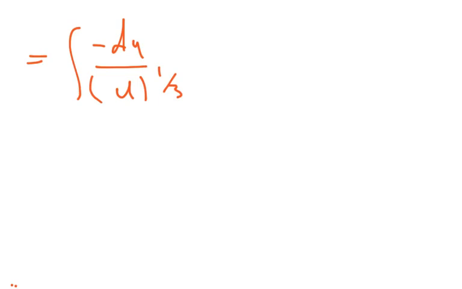So now we have the following expression. We can simply just pull the sign off. I am going to put the u to the 1/3 since it's in the denominator. I can rewrite it as u to the minus 1/3.